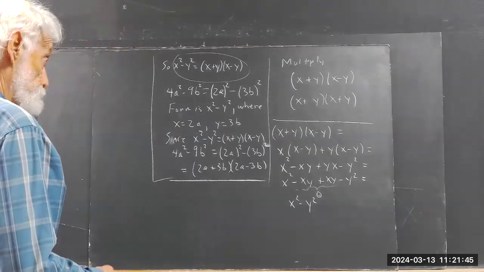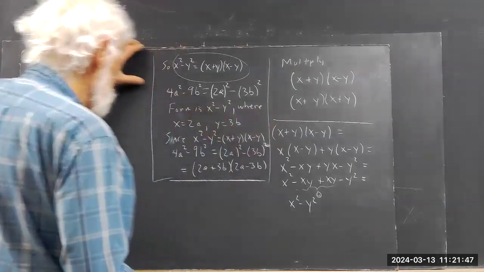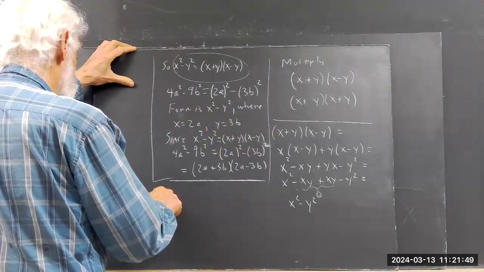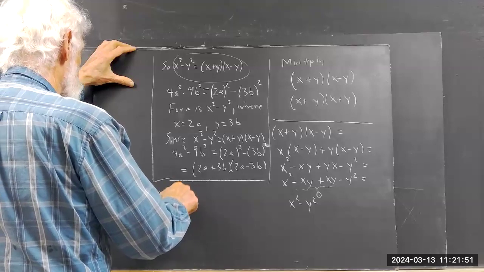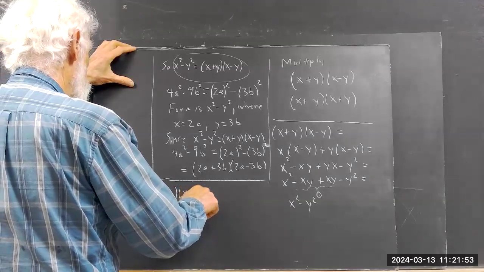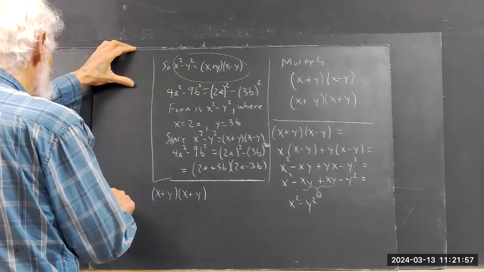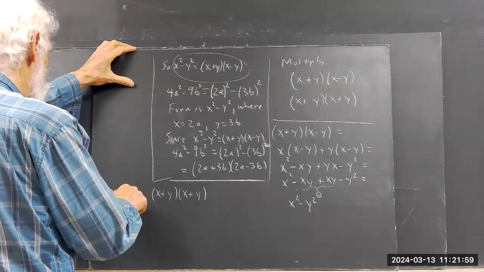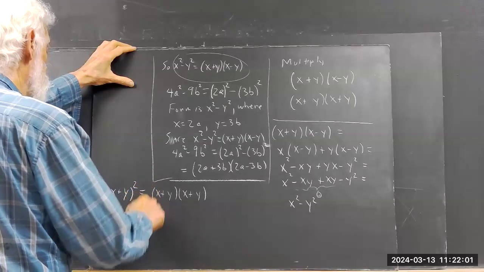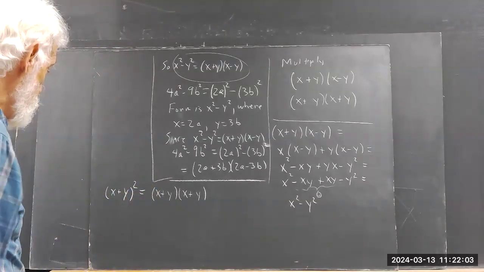Now, the other one, x plus y times x plus y. And of course, this is the square of x plus y.